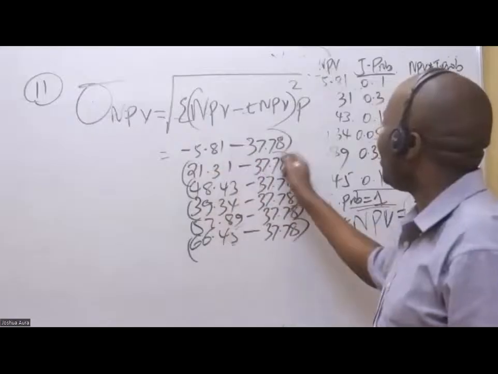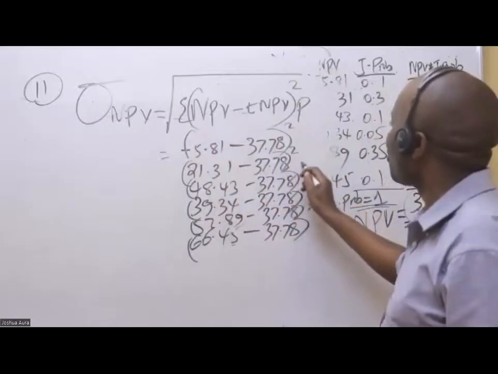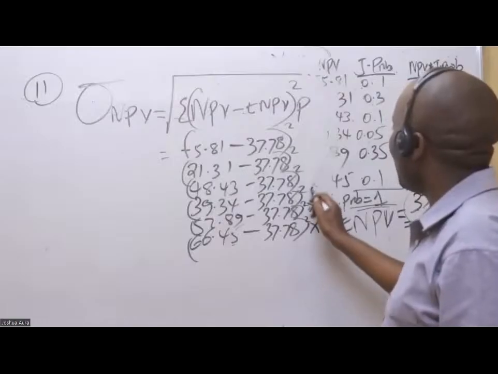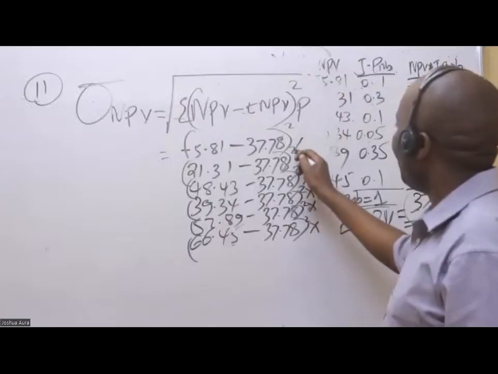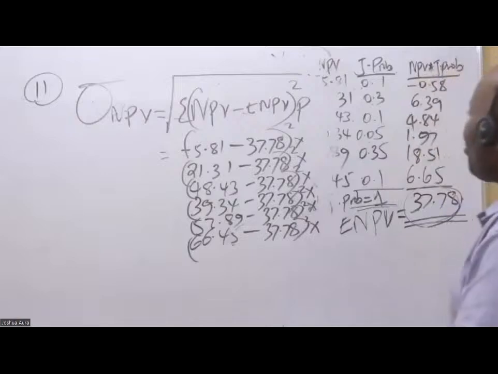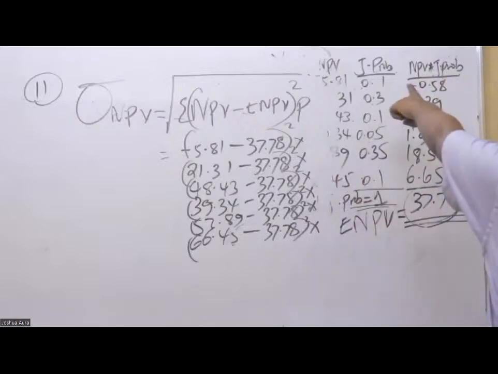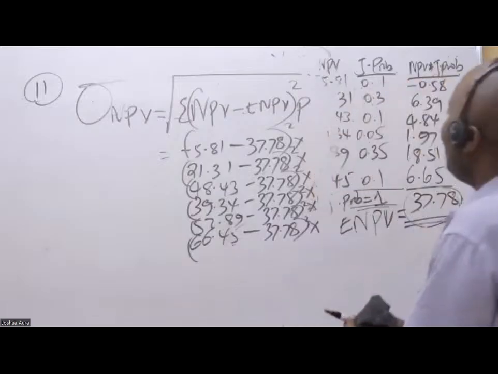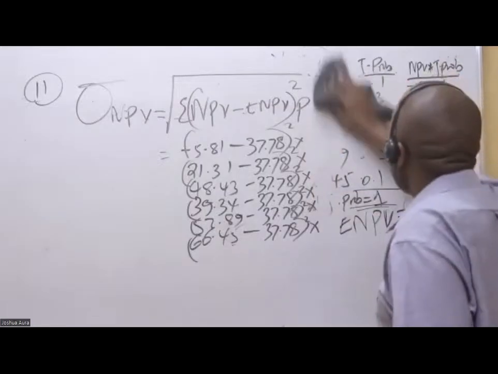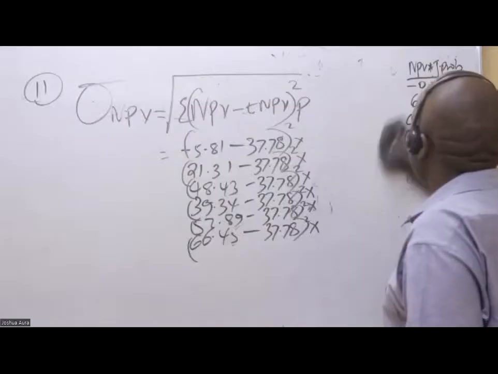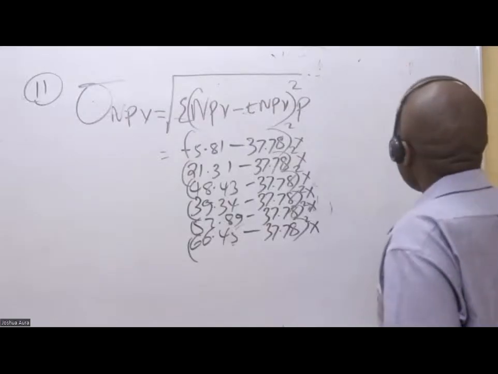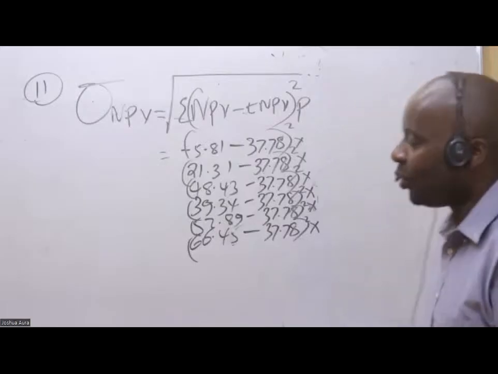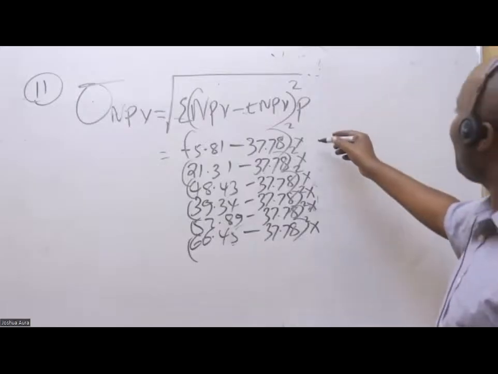You come here and straight away you square. I hope you guys are able to see the probabilities. Remember, the probabilities we shall use here are the joint probabilities. I would want you guys to give me the figures.